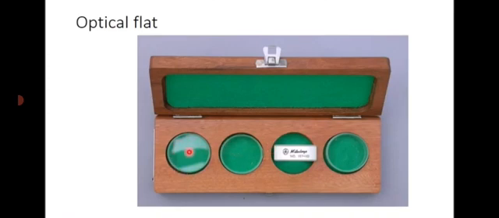The surface of the disc is ground and lapped. This surface is ground and lapped to high degree of flatness. Sizes of optical flats vary in diameter from 25 mm to 300 mm, and in thickness, this is the thickness of this optical flat, and it varies from 25 mm up to 50 mm.